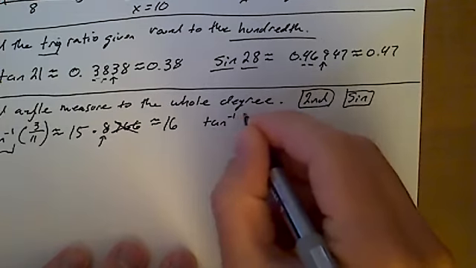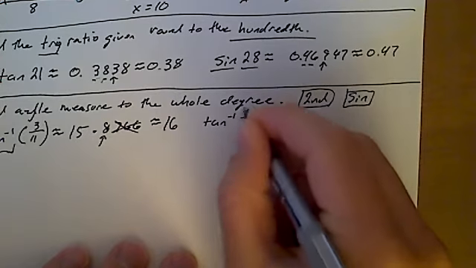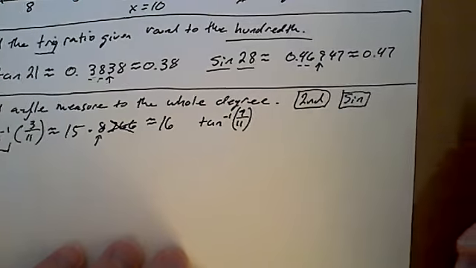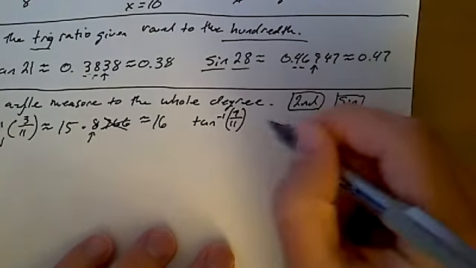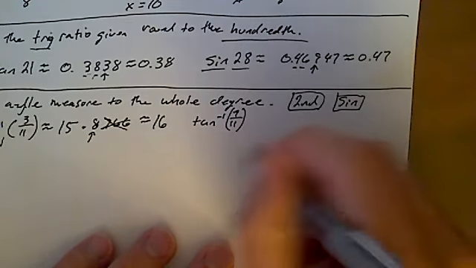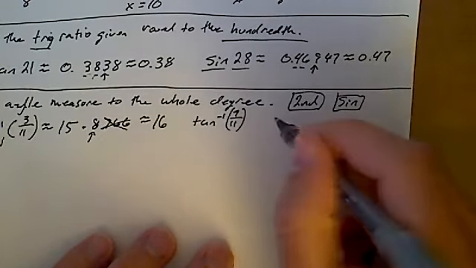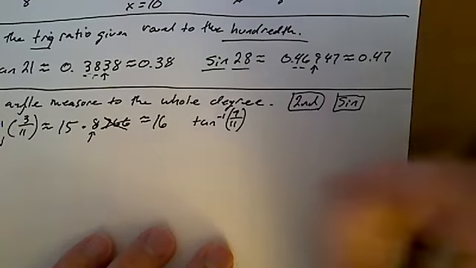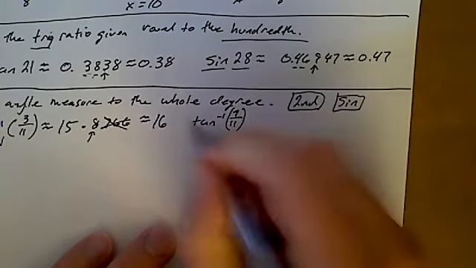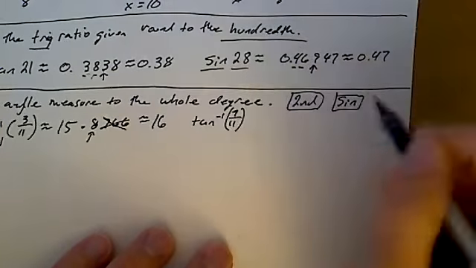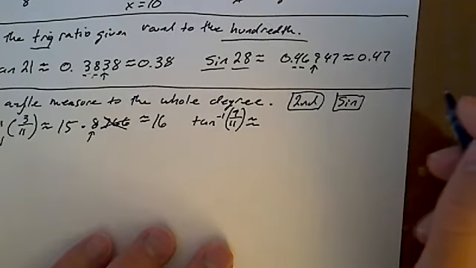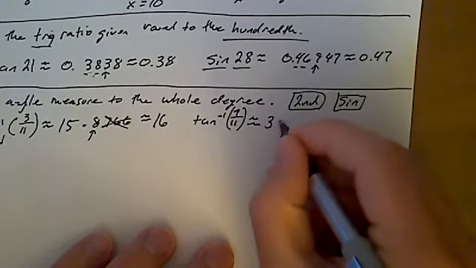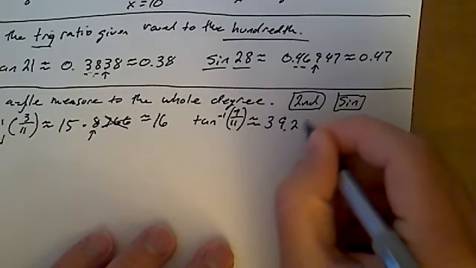Tangent inverse of 9/11. Again, it'd be second tangent if you're using a regular calculator. Otherwise, some of the online things have something like an inverse button that you would push. That would change the tangent button to a tangent inverse. You should know that by now, since we've been doing this for a while. 39.289.